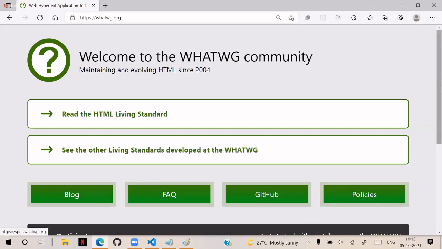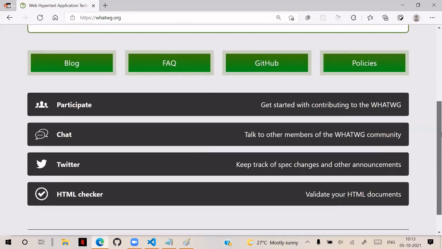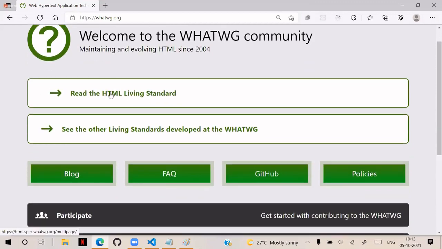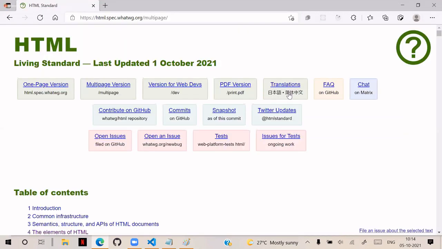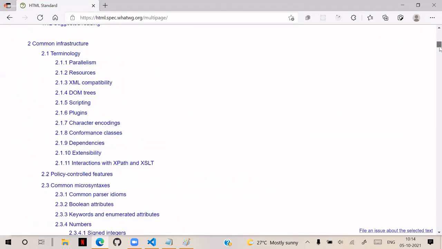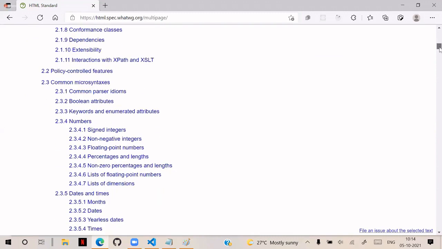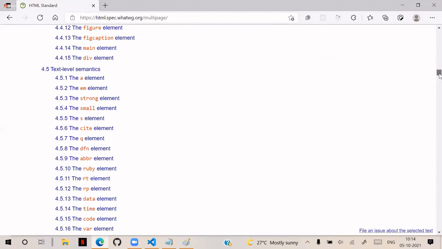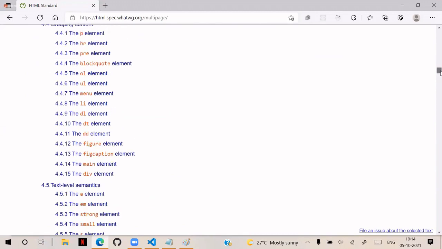Here you will get all the information about HTML. Read the HTML Living Standard. Everything about HTML you will get, but it is a little too complex for basic learners.